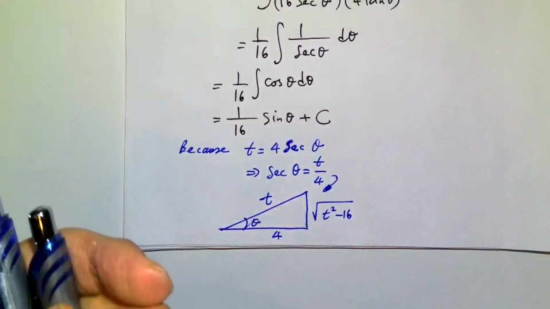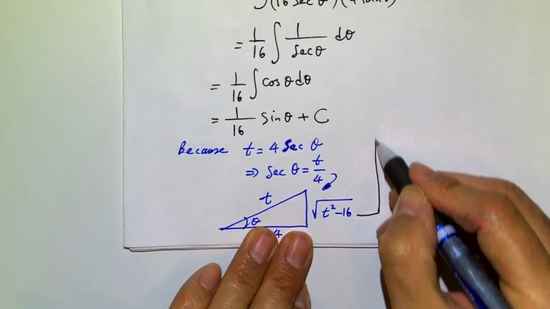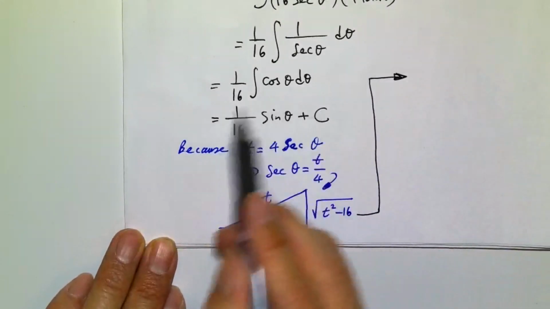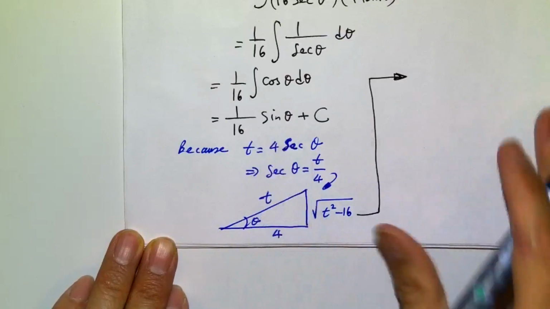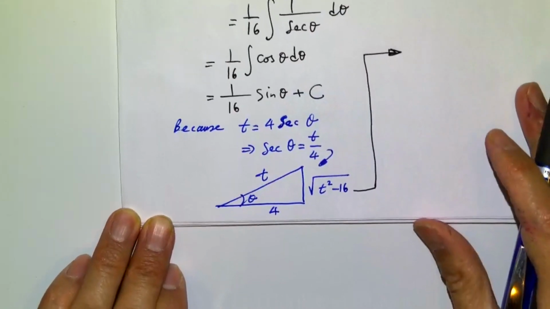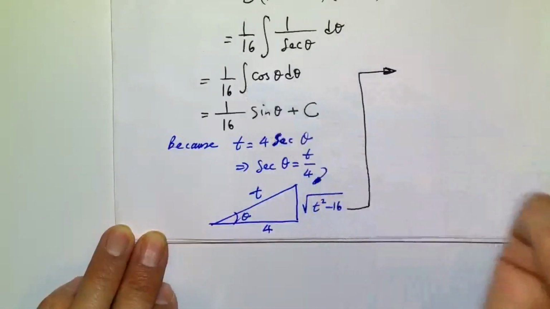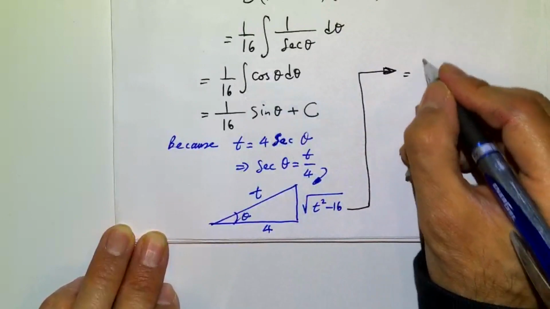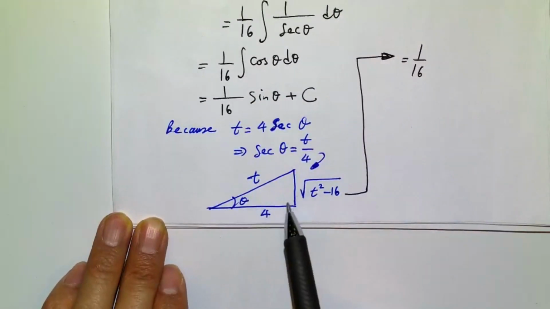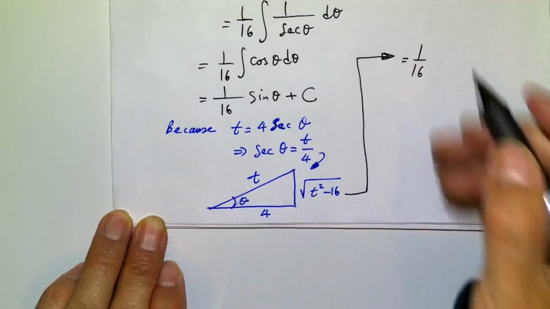Okay, so now we can replace back. From here, we come up here and say, this was where we ended up. So now we need to replace sine theta with something in terms of t, because we have an indefinite integral. So we have 1 over 16 sine theta, and according to our right triangle translation, that is the opposite divided by the hypotenuse.